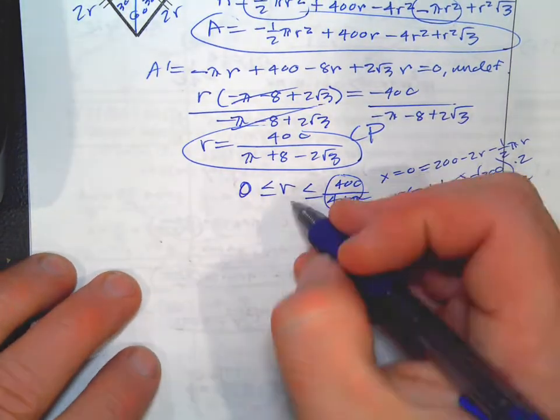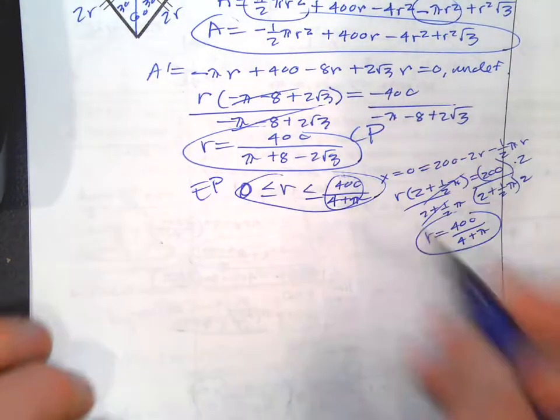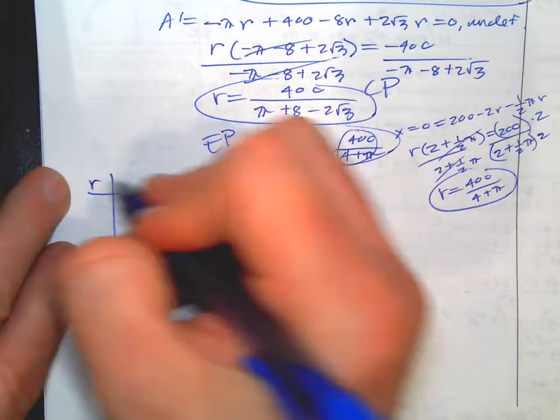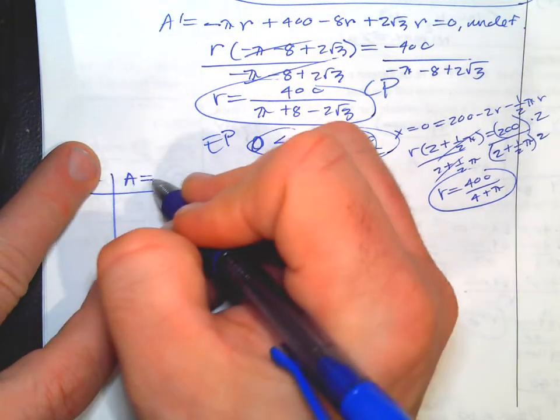Well, we found endpoints and critical points so far. They're slightly ugly. So now we're going to make a table with R plugged into the area formula.